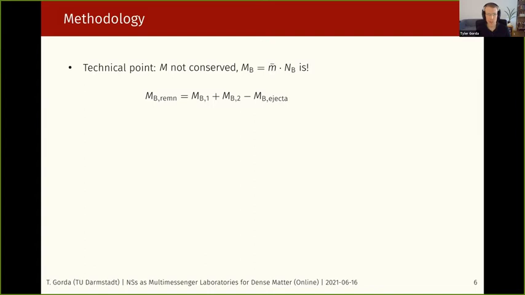And so the baryonic mass of the remnant will be the sum of the two baryonic masses of the binary components and subtracting off any ejecta that we saw. There are estimates, pretty good ones, for at least upper bounds on the mass of the ejecta, but to be more conservative, we can just ignore that and just say that all of the mass went into the remnant. That gives you a more conservative bound, in fact.